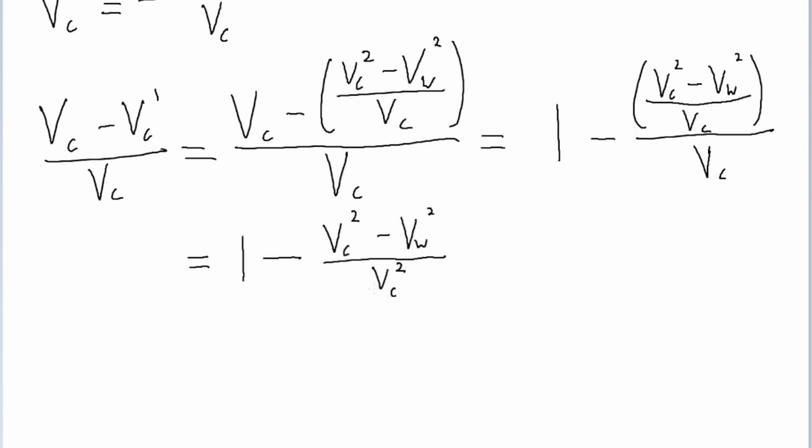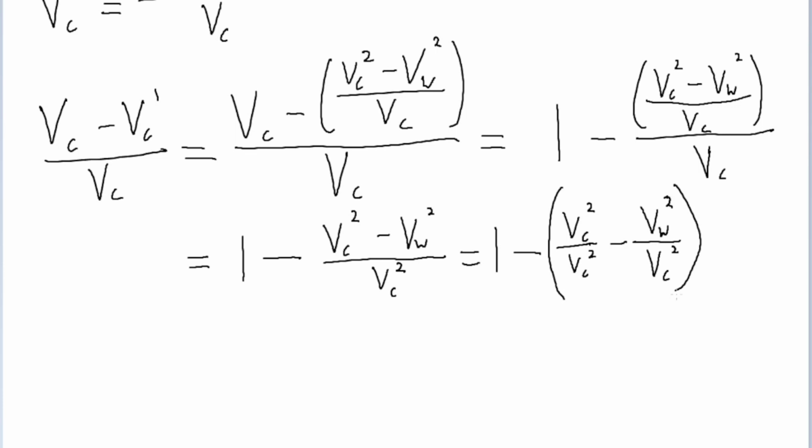Like this. Once again, though, I'm going to take this second term and separate it into two different fractions. Like this. And notice that we have v sub c squared divided by v sub c squared, so that just becomes a 1. And then notice that by subtraction, these 1's will cancel out, and these negative signs will cancel out to leave the remaining term positive.